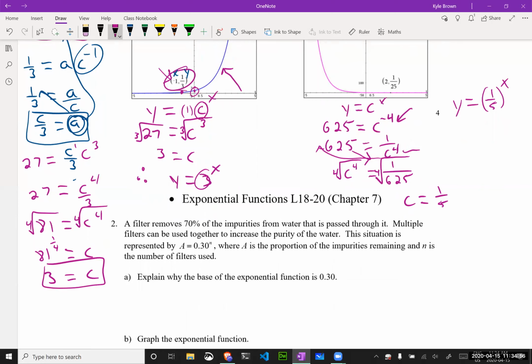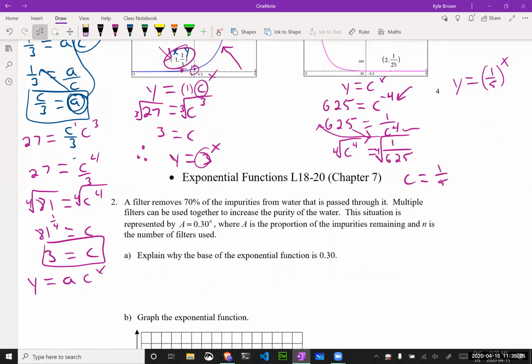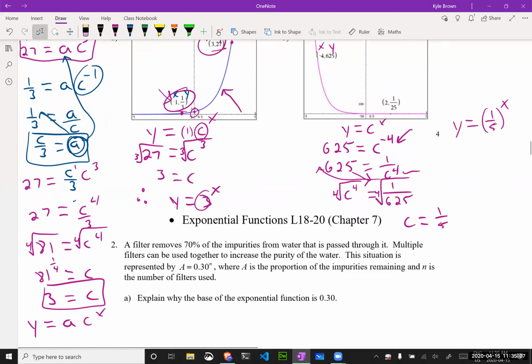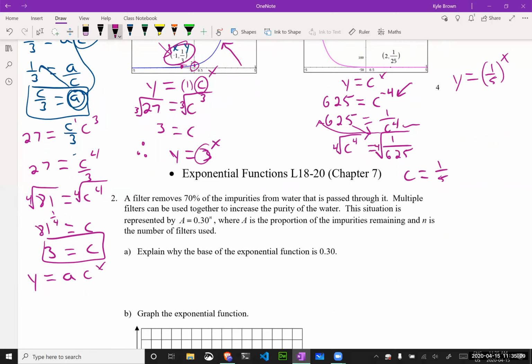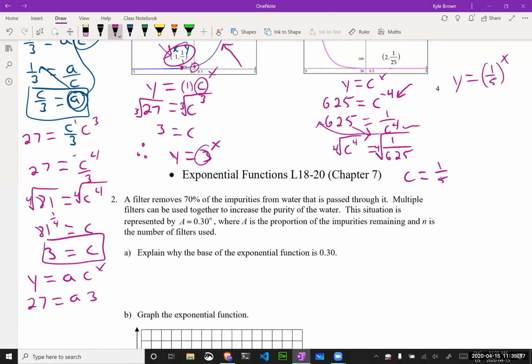So far we've got Y is equal to A C to the X. And now we can use either one of those points. So I'll put in, like I did before, 27, just one of those points, is equal to A times 3 to the power of 3.